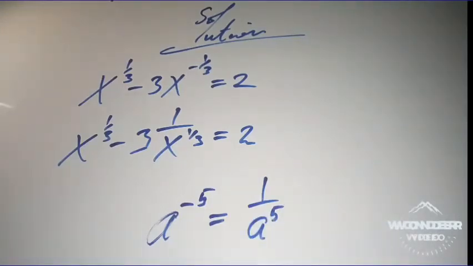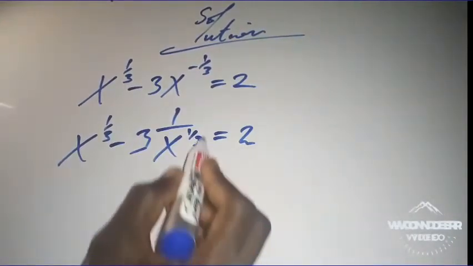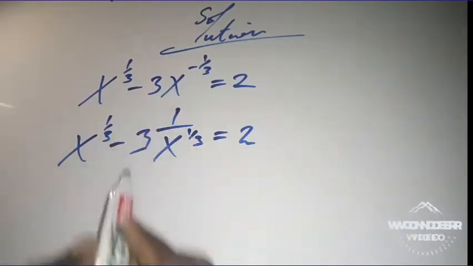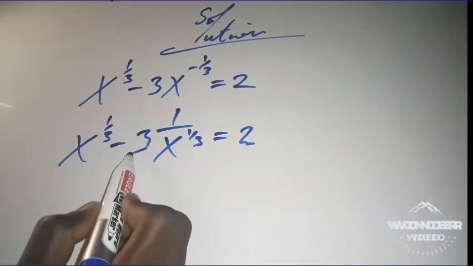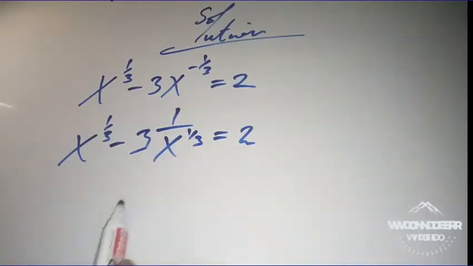So with this, we can generalize. We can write 3x to the power of negative 1 over 3 as 3 times 1 all over x to the power of positive 1 over 3.